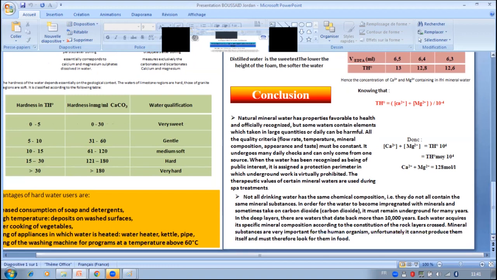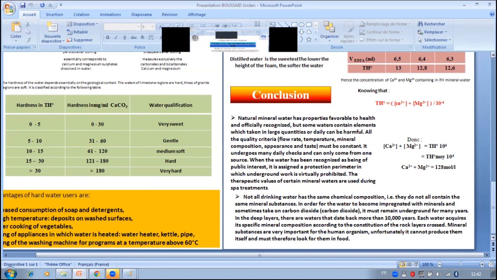Not all drinking water has the same chemical composition. They do not all contain the same mineral substances. In order for the water to become impregnated with minerals and take on carbon dioxide, it must remain underground for many years.